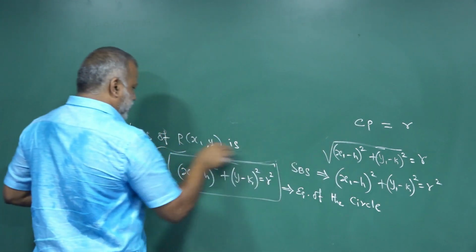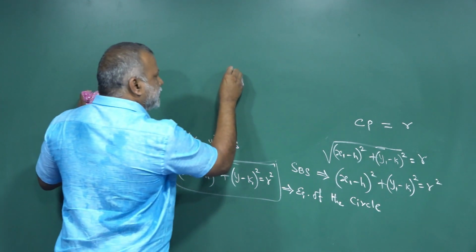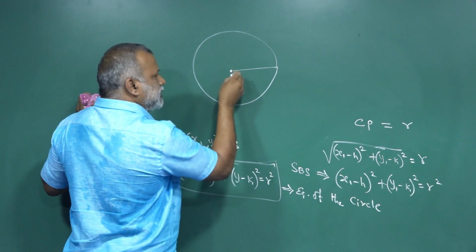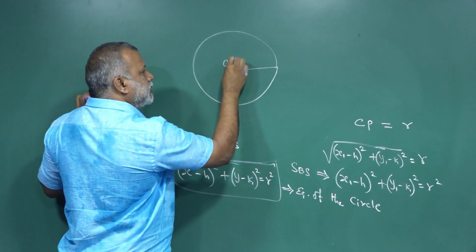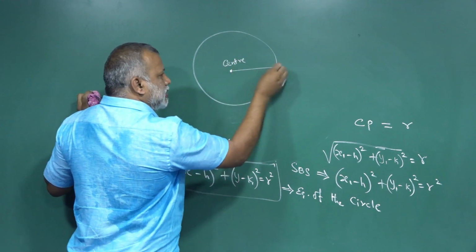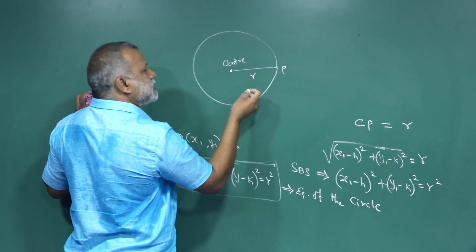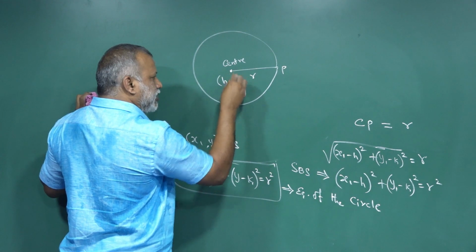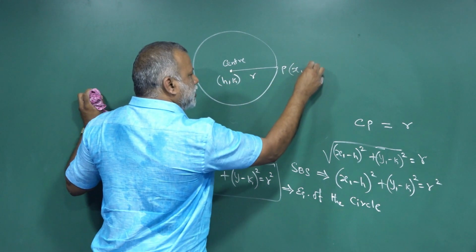Initially, see a simple diagram. This fixed point is called the center. This constant distance is called the radius. The center is denoted by h, k. In general, it is denoted by h, k. This point should be x1, y1.